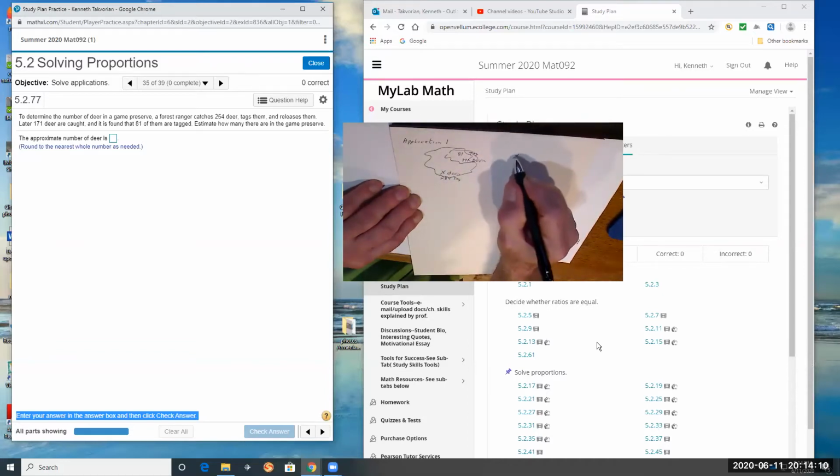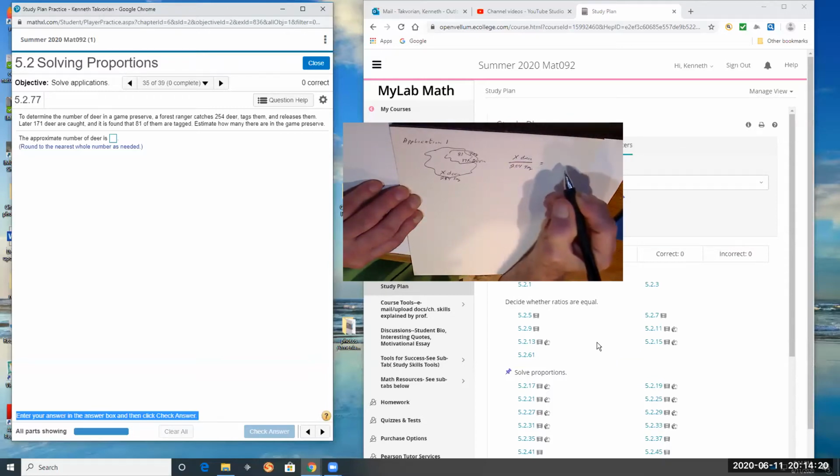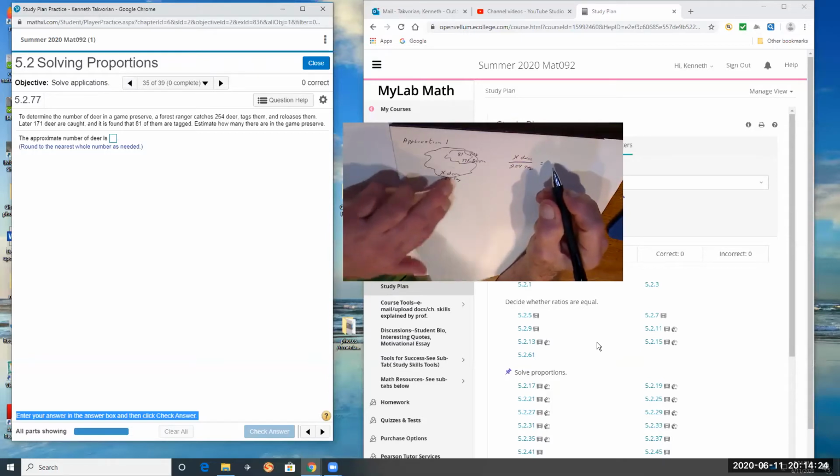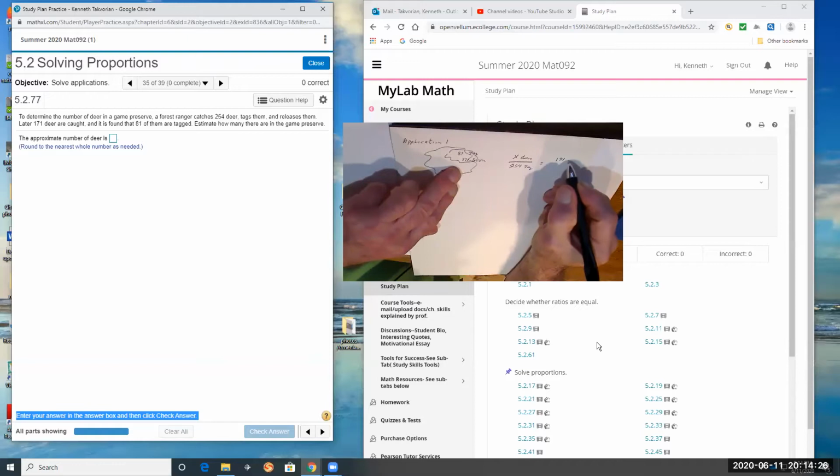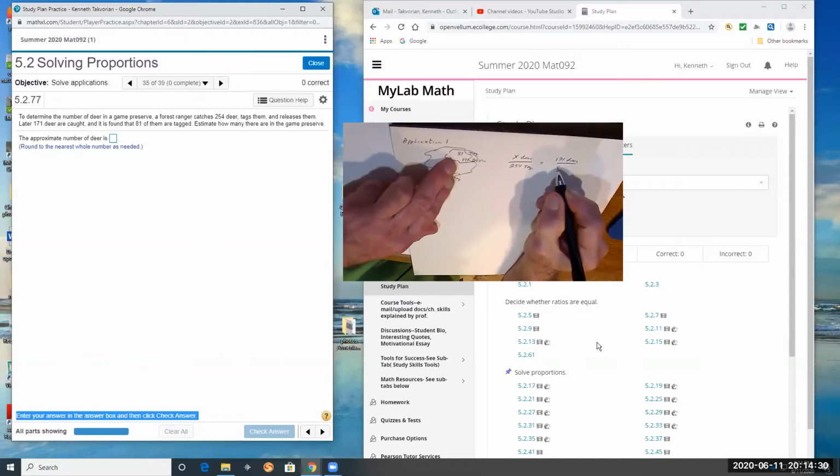So I'm going to say X deer is related to 254 tagged deer. That's of the forest. I need to do the same rate in the sample. So there are 171 deer in the sample, but 81 of those are tagged.